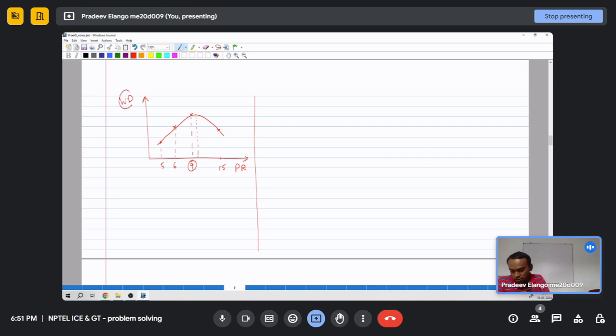So if we draw a graph between work done and the pressure ratio, we end up with a curve like this, which is concave, convex upward. And if you want to find this maximum value and the point at which the maximum occurs, is there some other way you would have come across in mathematics?